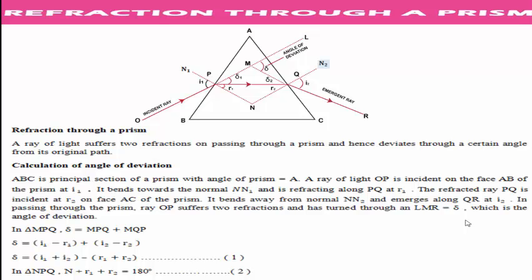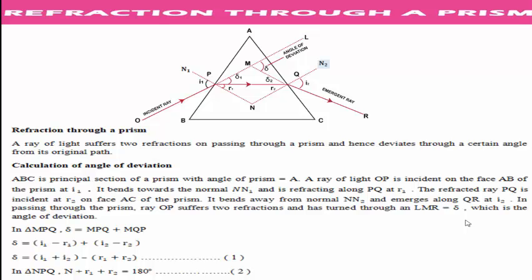In triangle MPQ, delta is equal to angle MPQ plus angle MQP. Delta is equal to I1 minus R1 plus I2 minus R2. Simplify this equation. Take I terms on one side and R terms on the other side.